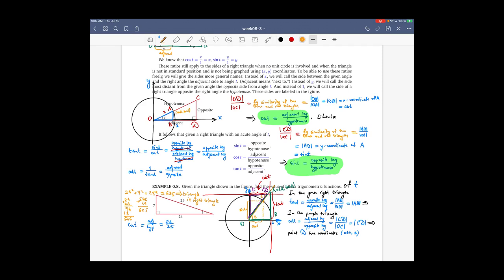So we computed cosine t, that's 24 over 25, and likewise sine t is opposite leg over the hypotenuse. In this triangle, the leg opposite to t is 7, hypotenuse is 25, so sine is 7 over 25.